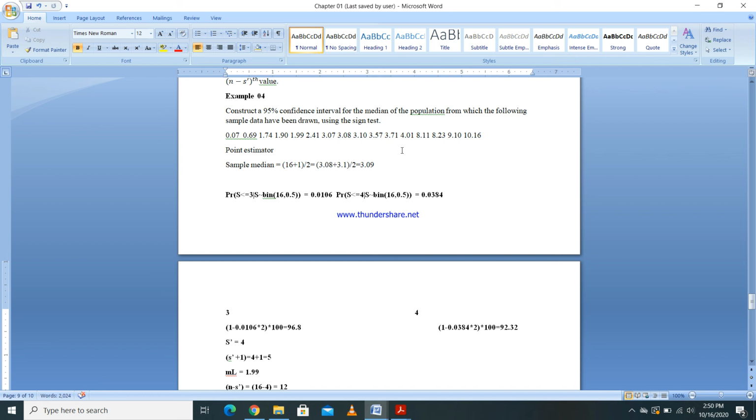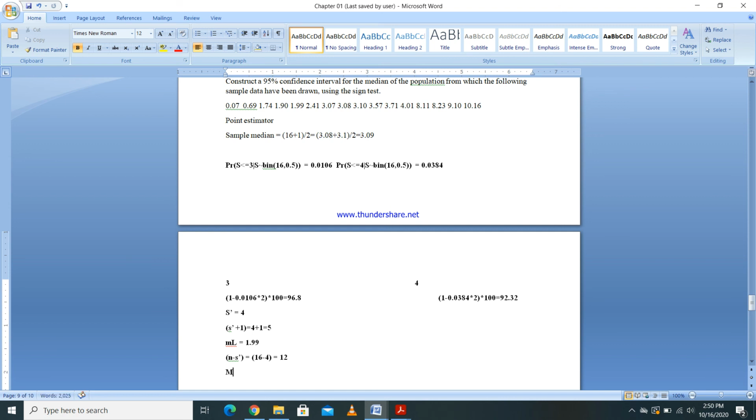If you count the 12th observation, 1, 2, 3, 4, 5, 6, 7, 8, 9, 10, 11, 12th observation is 4.01. So my upper limit value is 4.01.